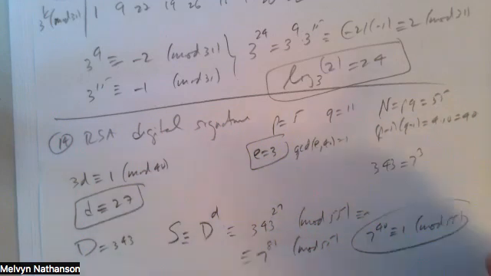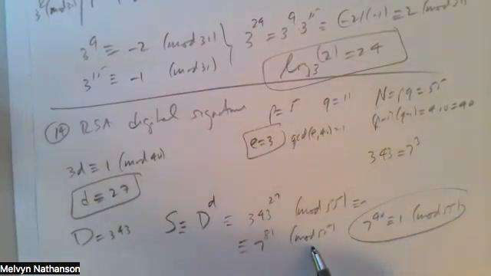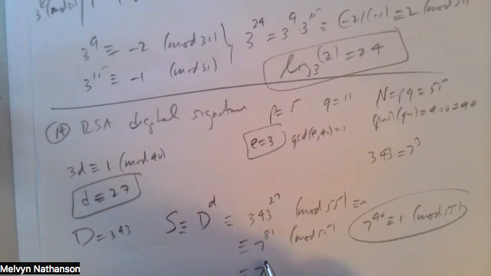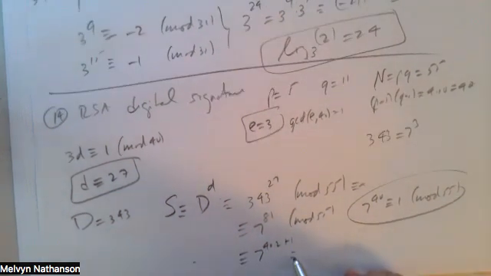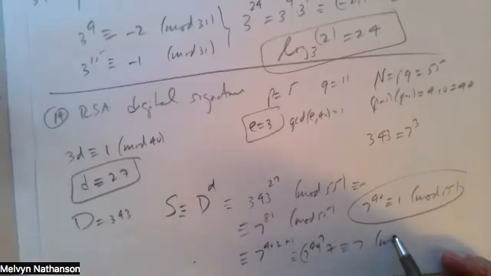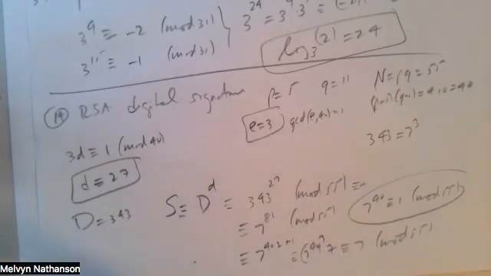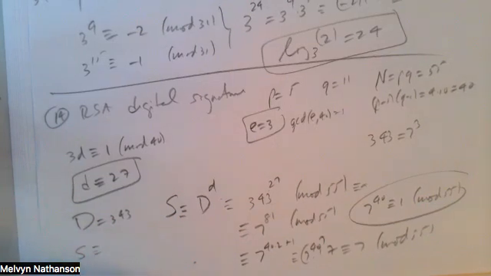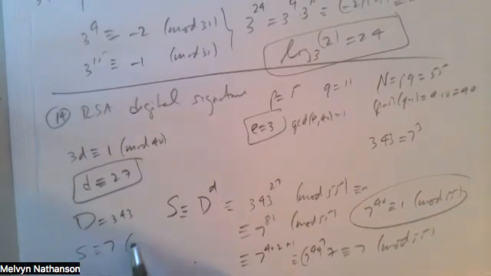So anything relatively prime to 55 raised to the 40th power is going to be 1. So this is, in fact, just 7. This is 40 times 2 plus 1. That's what 81 is. So that's 7 to the 40th squared times 7. 7 to the 40th is 1. This is just 7 mod 55. So the signature that you send is just the number 7.